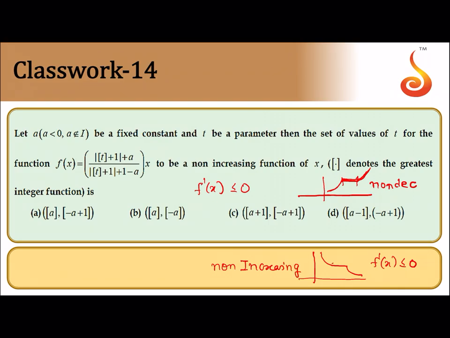This is called a non-decreasing function. I'll take another graph like this. F dash x less than or equal to 0 is called a non-increasing function. It never increases. At this place f dash x equals 0.